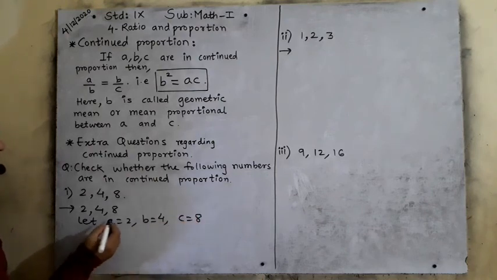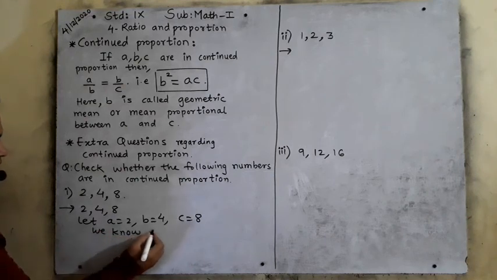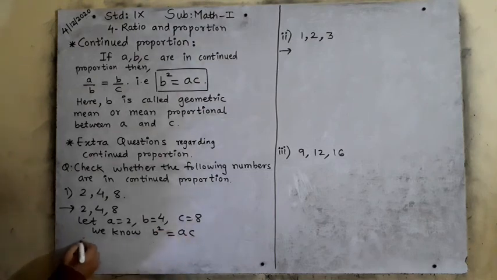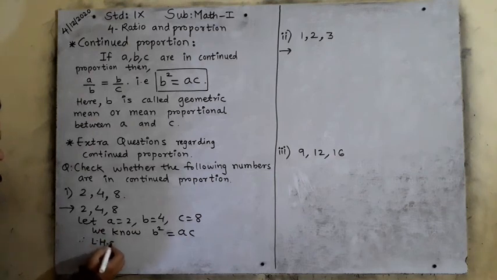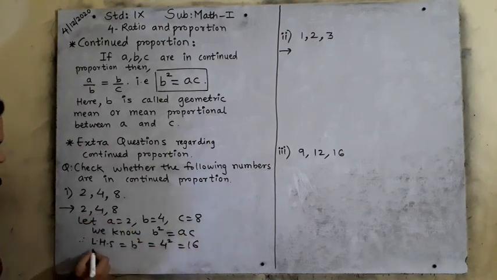And we know B square is equal to AC. So LHS is equal to B square, and B value here is 4. 4 square is how much? 16. Now what is RHS?